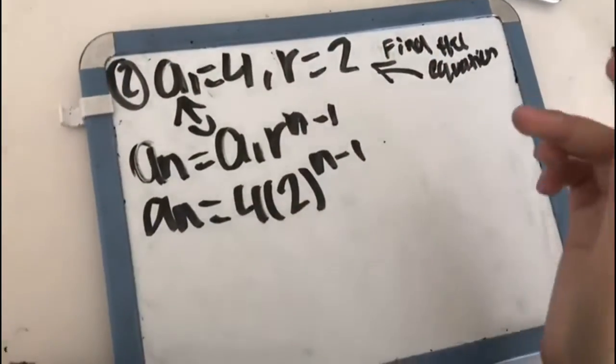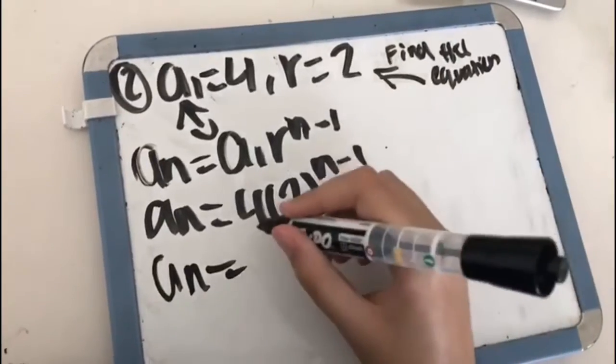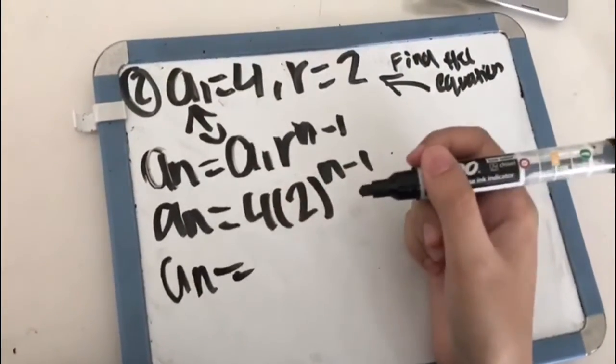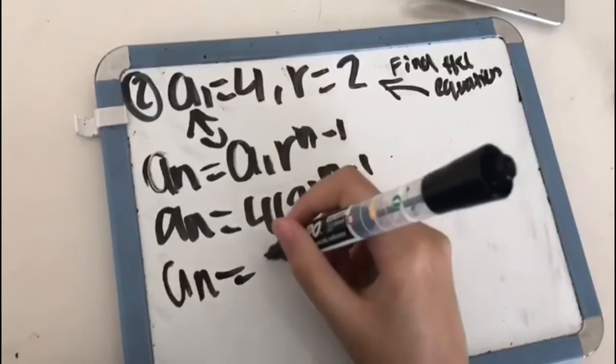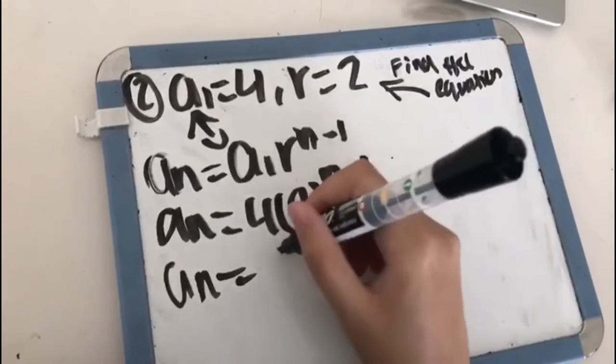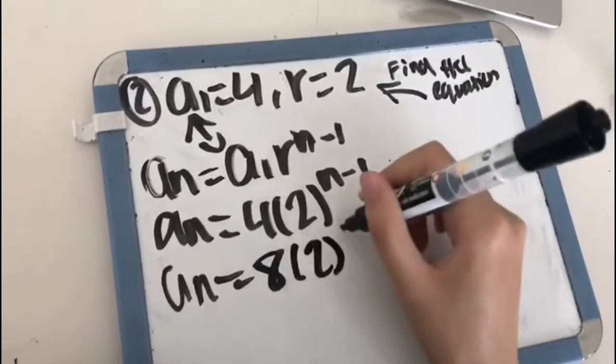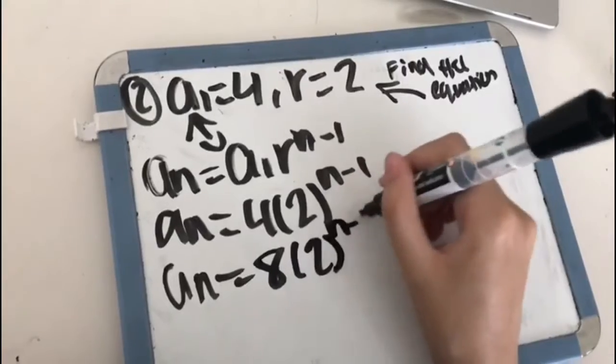So let's do that. an is basically equal to 4 times 4, okay, I'm sorry about that. So it's 8, and then 2 to the n minus 1.